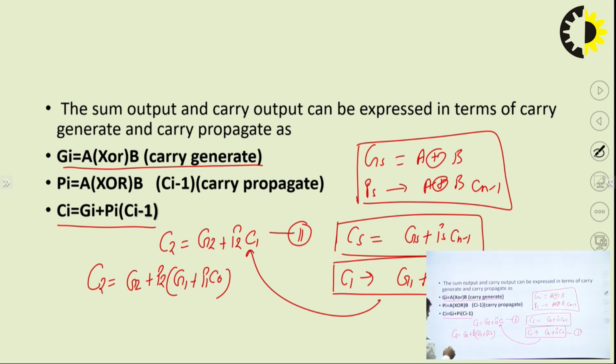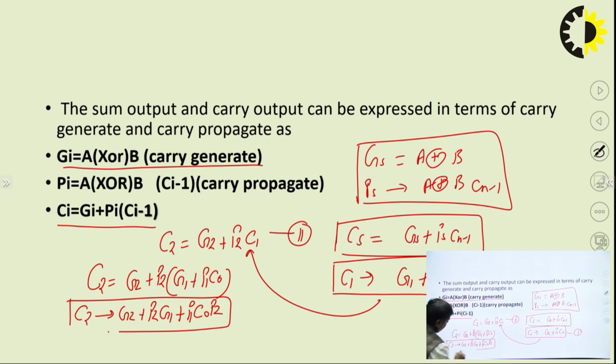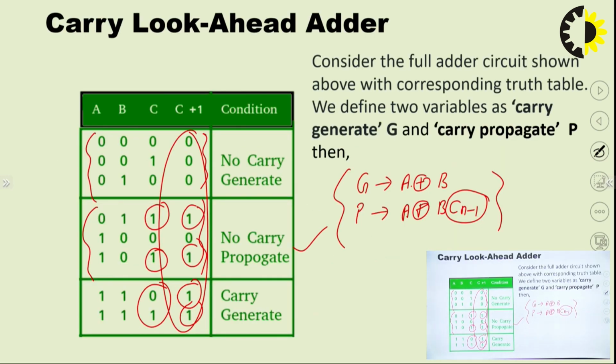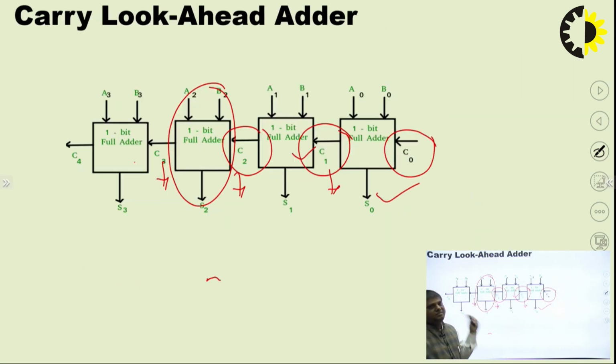Now when we solve this equation, we find the value of C2, that is G2 plus P2 G1 plus P1 C0 and P2. That is the value of C2, and that value is implemented here. Then the carry propagation delay for this full adder is automatically removed.